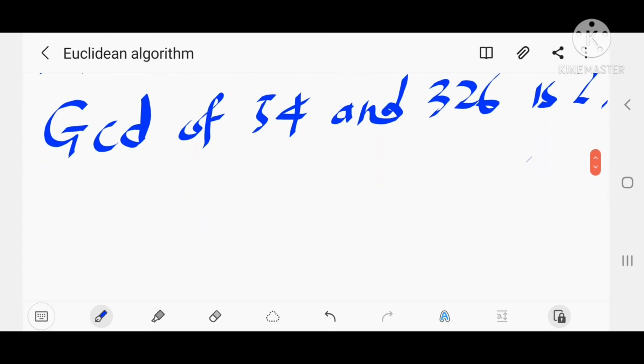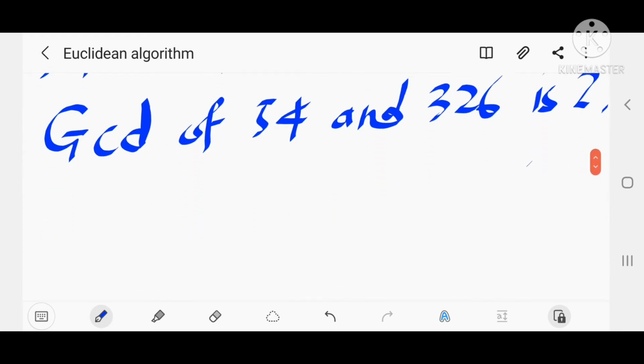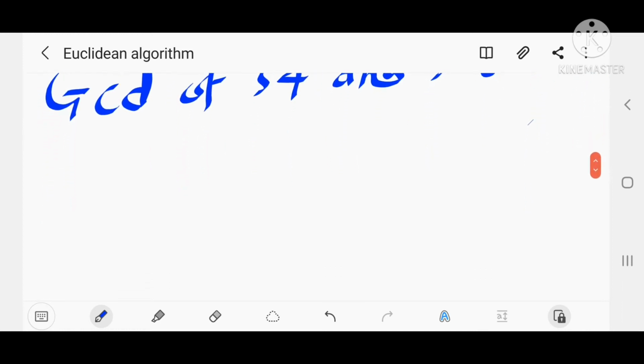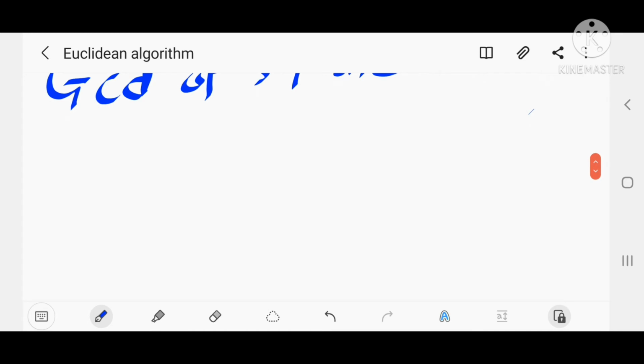Now with this GCD that we got, we can also get the linear combination for the two numbers.